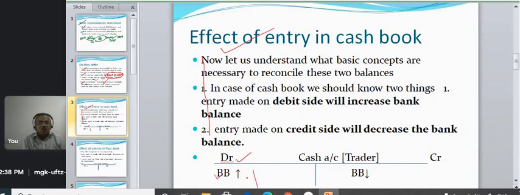Bank balance will go up. The second point is that if a trader passes any entry on the credit side, bank balance comes down. So there are only two effects: increase and decrease in the bank balance, happening when you enter on the debit side and the credit side. I hope this effect is clear. This is as per trader.